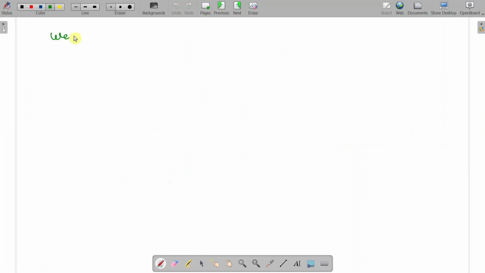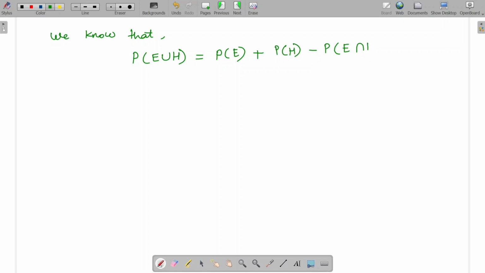So we know that probability of E union H is equal to probability of E plus probability of H minus probability of E intersection H.